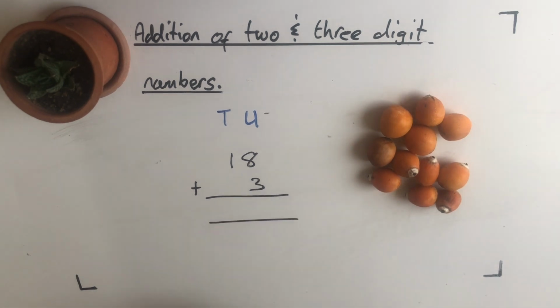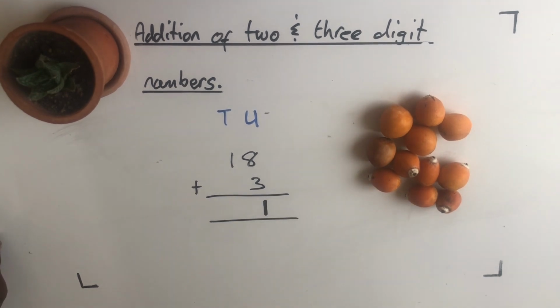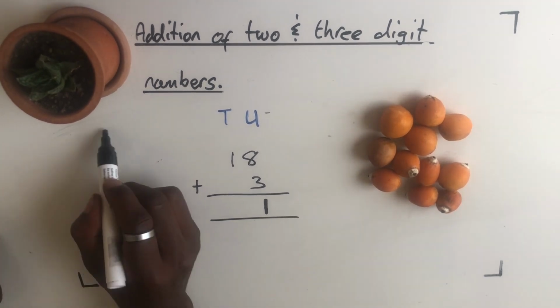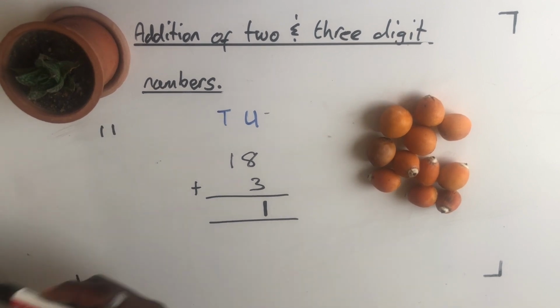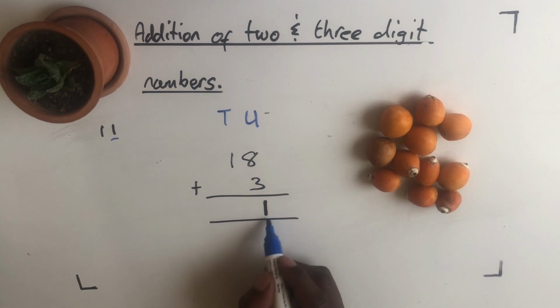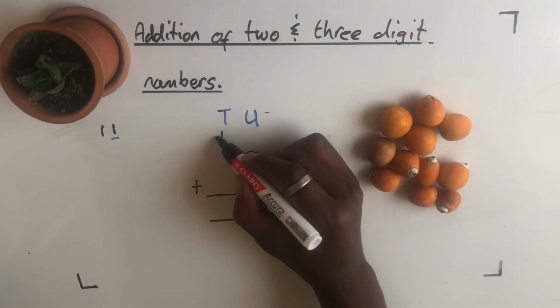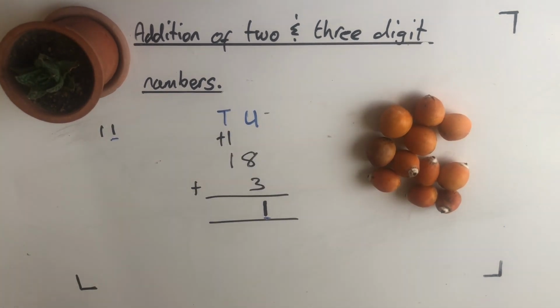So I have 11, right? So that is the 1 on that side from 11. This one goes here, as that represents the units, and then the 1 representing the tens will be carried into that column, okay?